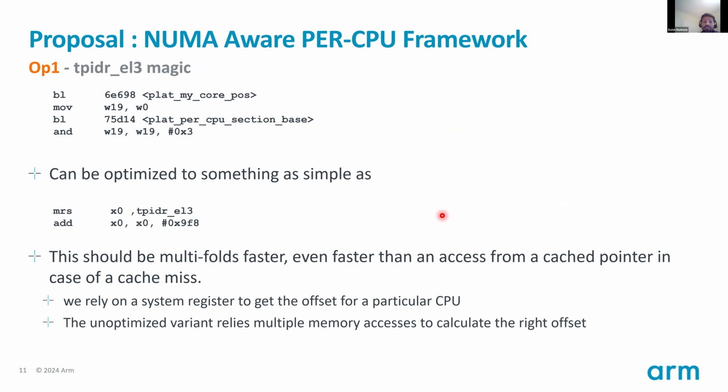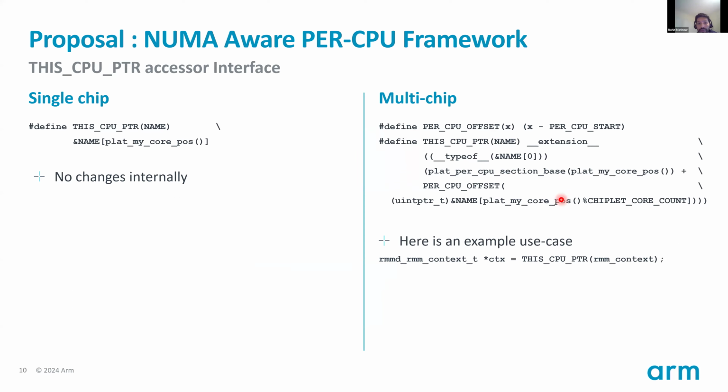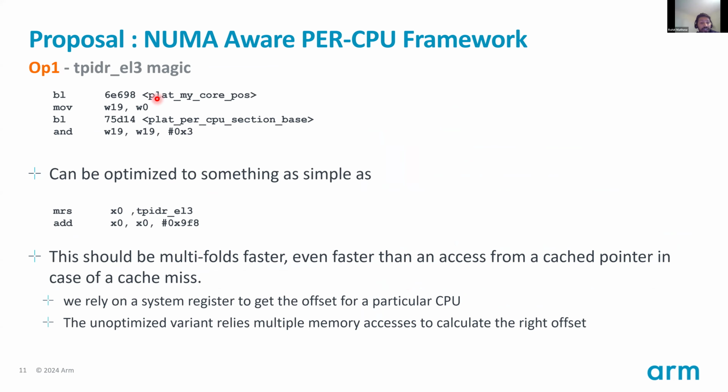So coming to the optimization, the first optimization that we have is using TPIDREL3. Now, taking a look at, let's say, for CPUs, multi-chip implementation, what happens is there's a platform call, and then there's a bunch of computation that we do, which would finally look like something like this in disassembly.